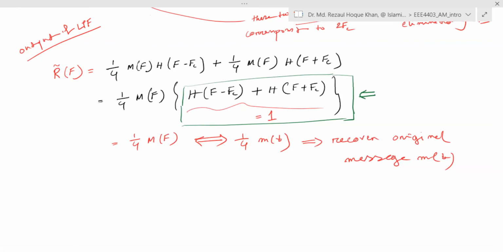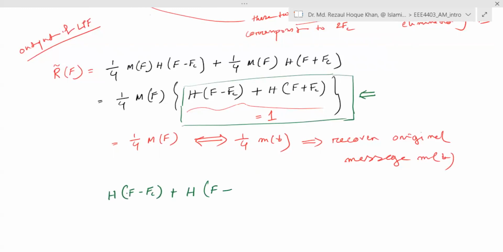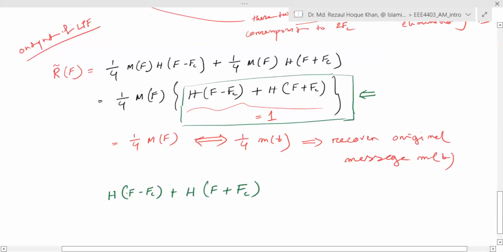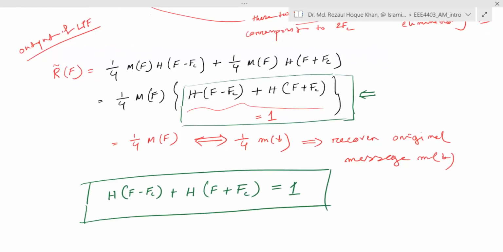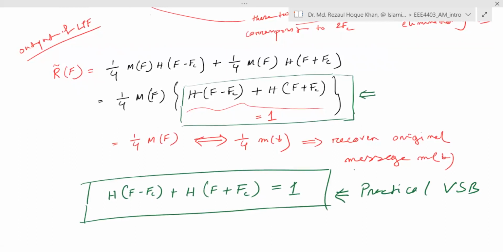So our requirement comes as H F minus FC plus H F plus FC equal to 1. We like to have it. If we can have this one, that will satisfy our non-ideal, practical VSB filter properties.